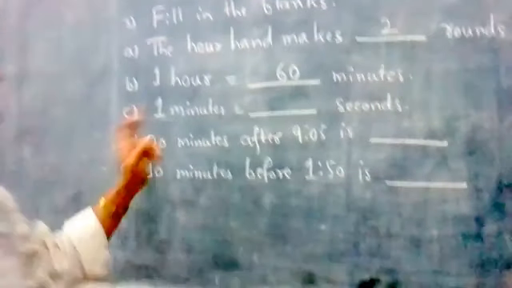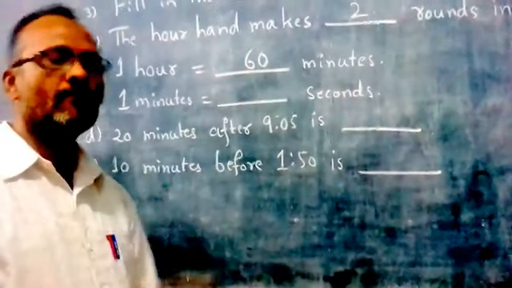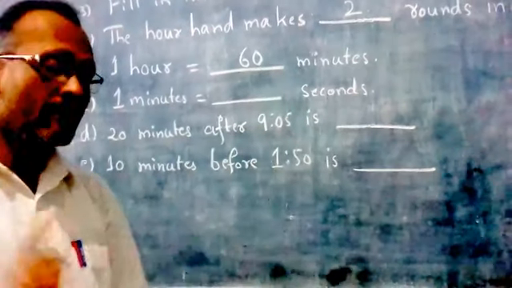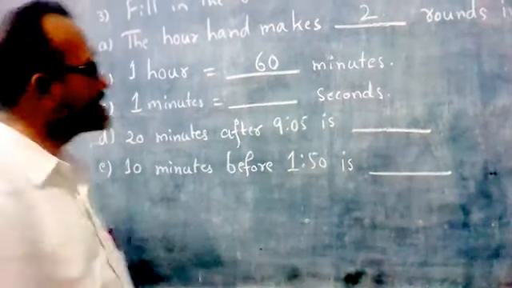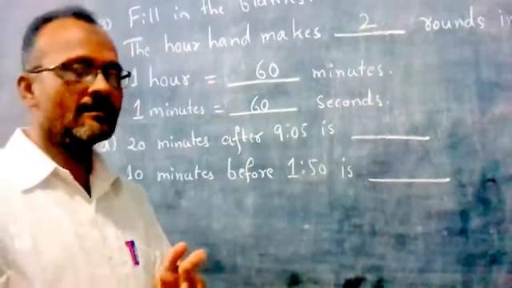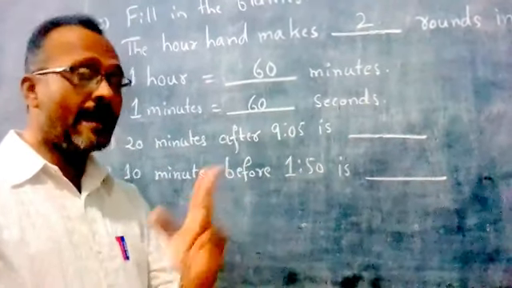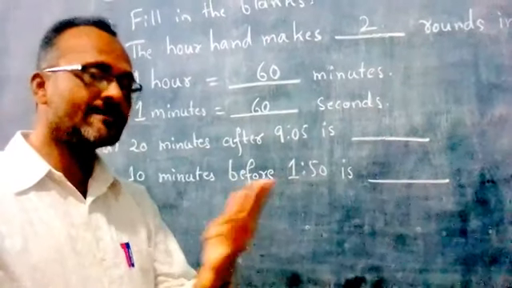So it will be 60 minutes. Third one, 1 minute is equal to dash seconds. It will be 60 seconds. 1 minute has 60 seconds, 1 hour has 60 minutes, and 1 day has 24 hours.